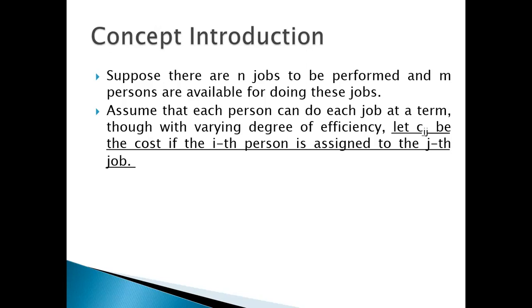Let Cij be the cost of the ith person assigned to the jth job. So what is the task to be fixed for a person in order to complete the job? So this is the general conceptual introduction of the assignment problem.